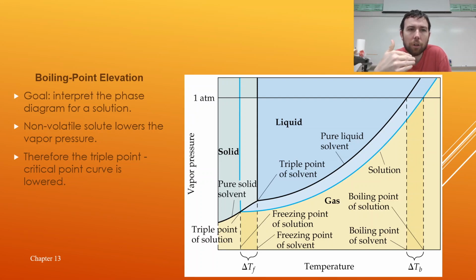Now, as we saw in the previous slides, a non-volatile solute lowers the vapor pressure of our liquid and ultimately gas phases, right? And so what that's going to do is lower the triple point and critical point on your phase diagram. If you're looking at the phase diagram that's been listed here, the curve that's in black would be the pure solvent, right?